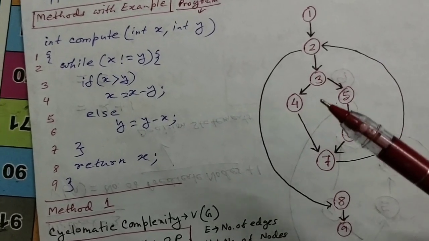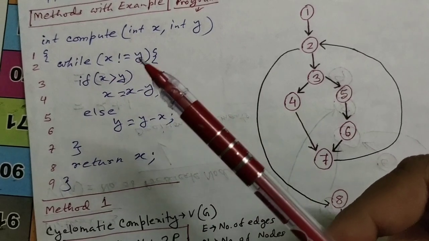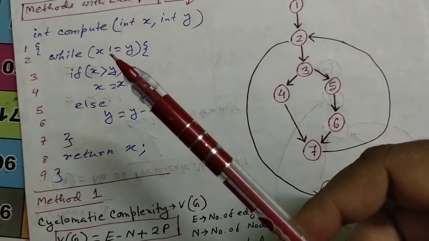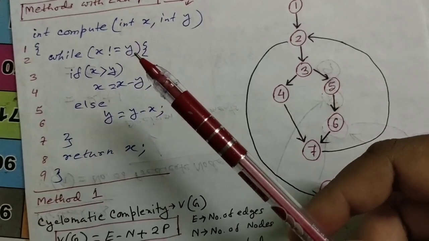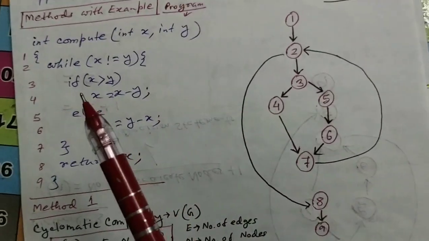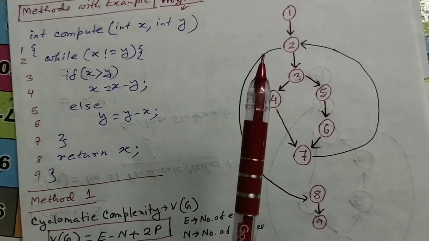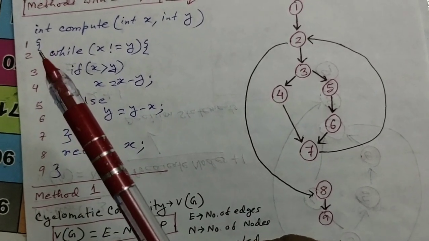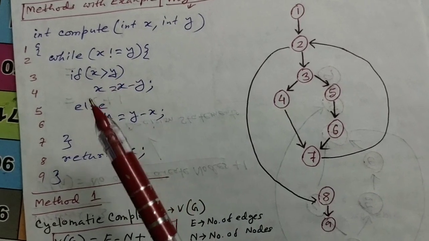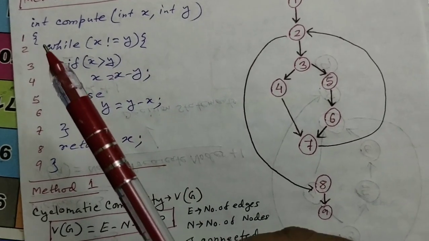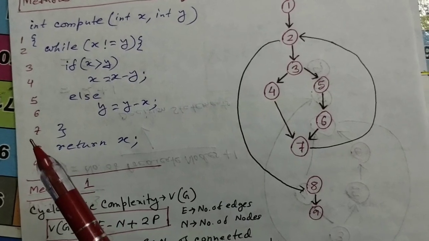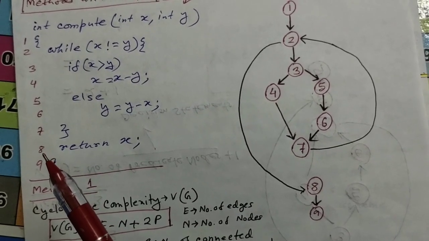Now when this will be false, that is, this x not equals to y gets the answer no, then from 2 that is the end of the loop. From 2 the body will not be executed anymore, and from 2 it will be directly going to 7, sorry, directly going to 8, right?